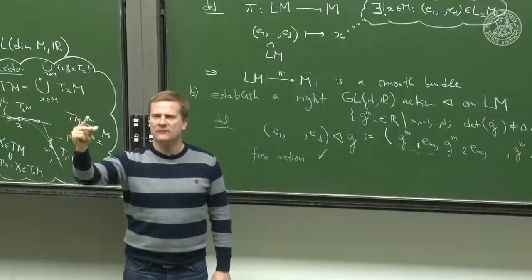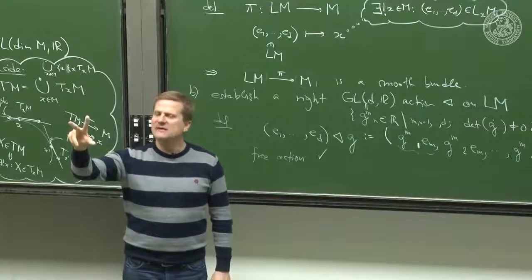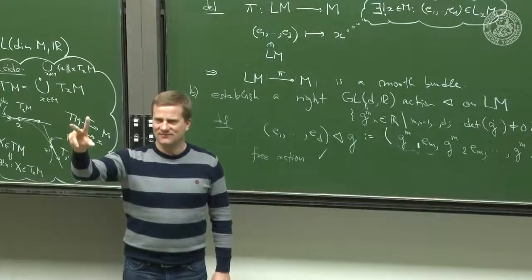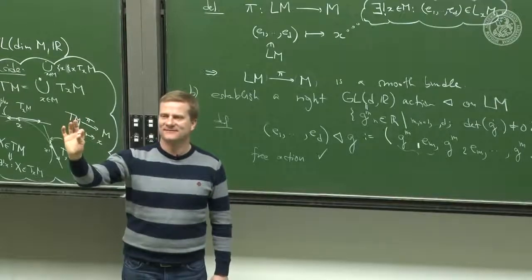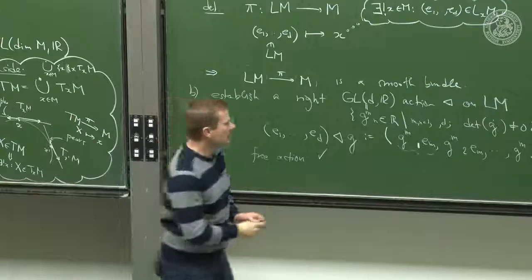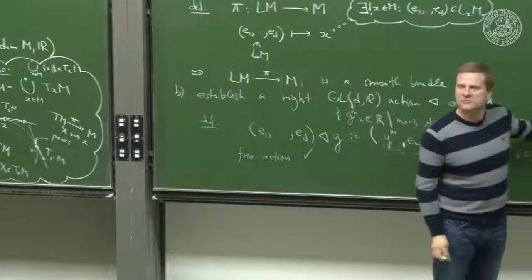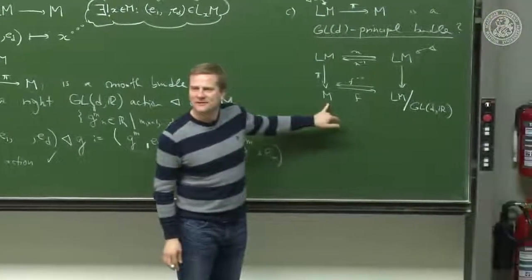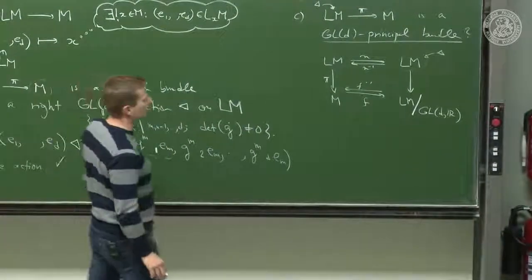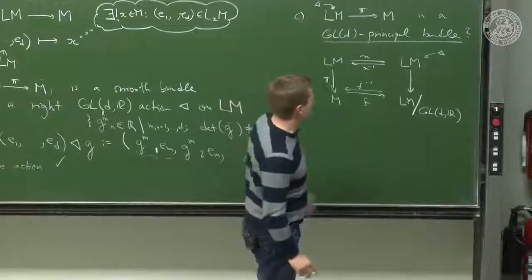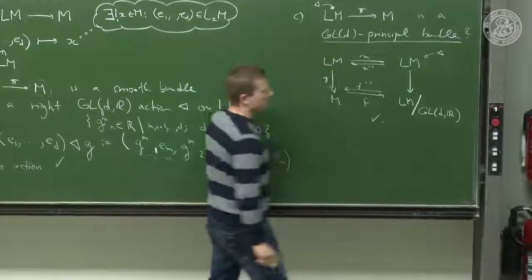So I get any other frame. So if I ignore this orbit, all that remains is the point, right? And that's precisely this isomorphism we want to have. So indeed, I can go from any one frame to any other frame, and that's a free action. So this is definitely the case.